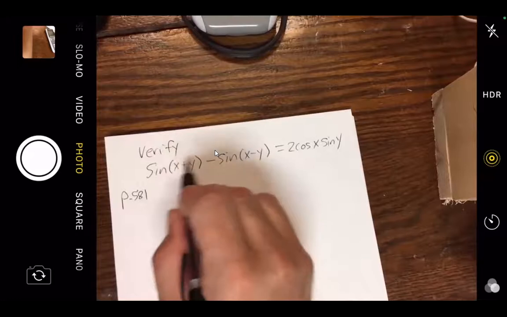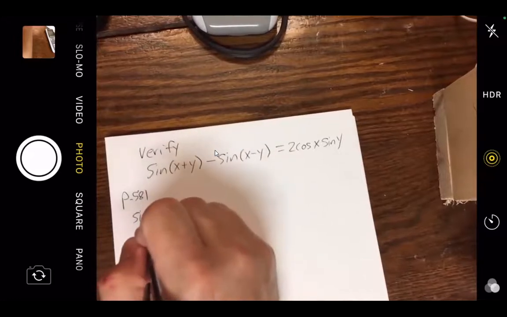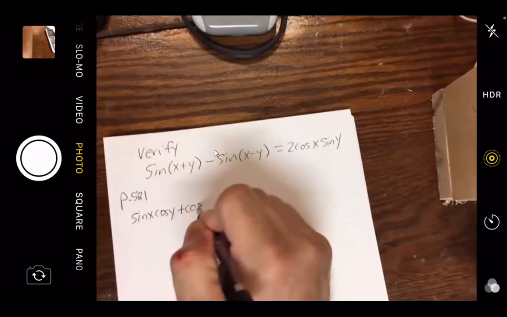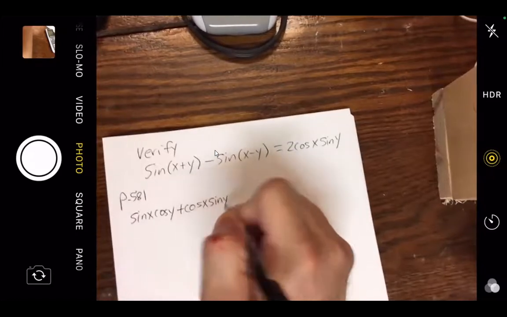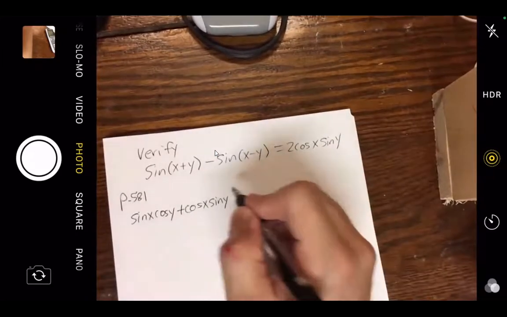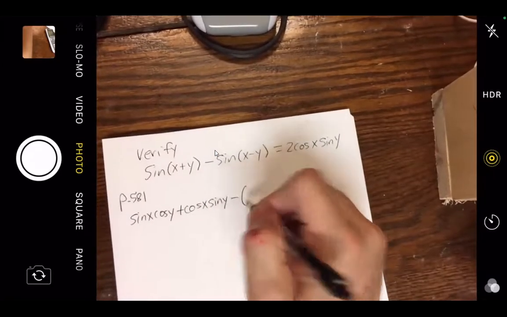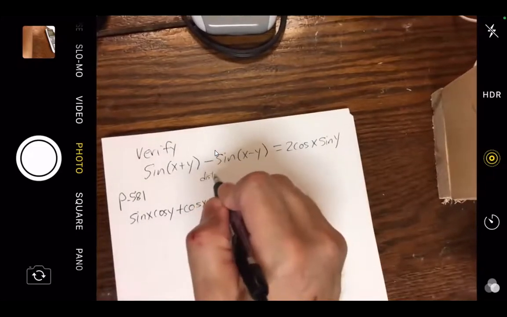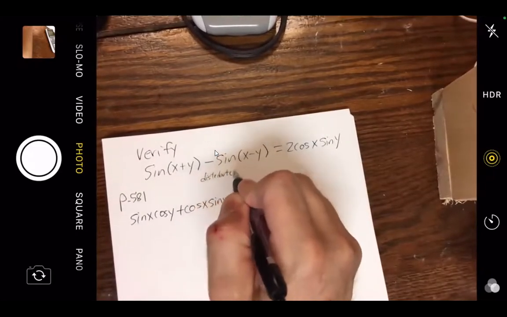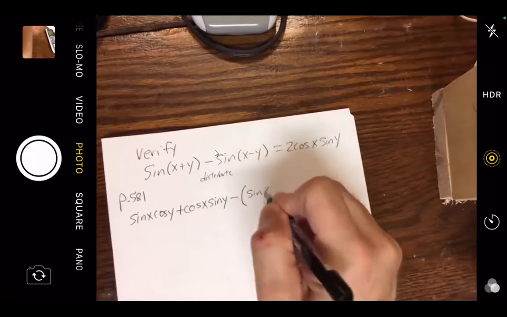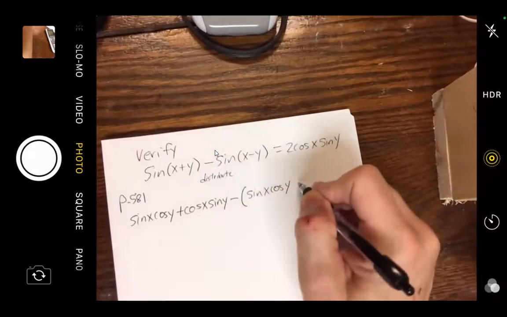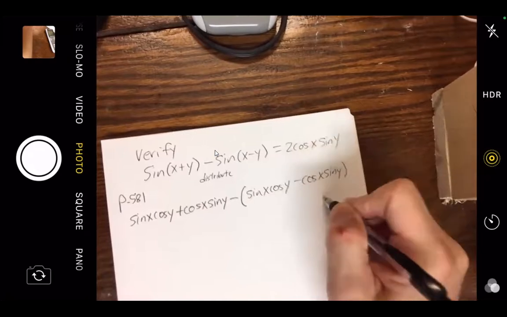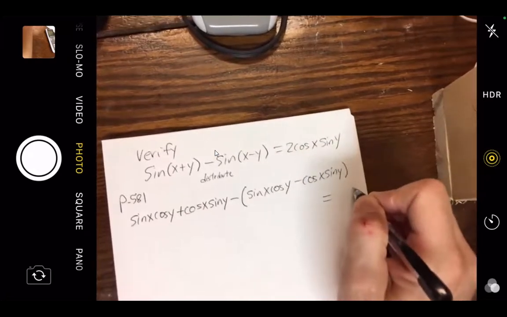Sine of something plus something goes sine x cosine y plus cosine x sine y. Then I'm going to go minus and a big parentheses, because again you get two pieces. This minus sign is going to distribute. That's sine x cosine y minus cosine x sine y, equals this stuff.